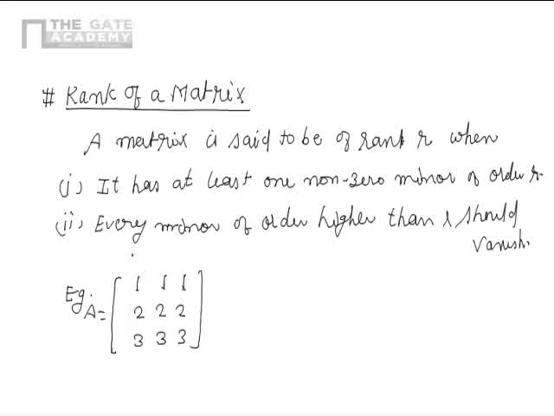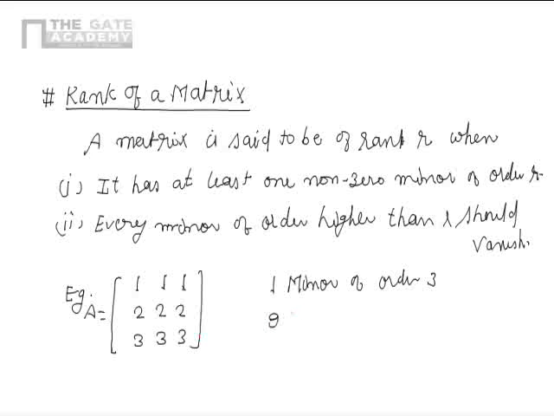As per the definition we have written, the rank of a matrix is said to be R when it has at least one non-zero minor of order R. Regarding the concept of minor which we talked about earlier, if I take any matrix of order 3 by 3, then it will have one minor of order 3, meaning the determinant of the matrix itself.